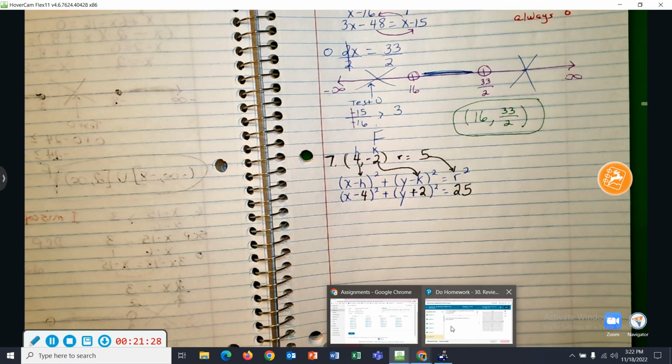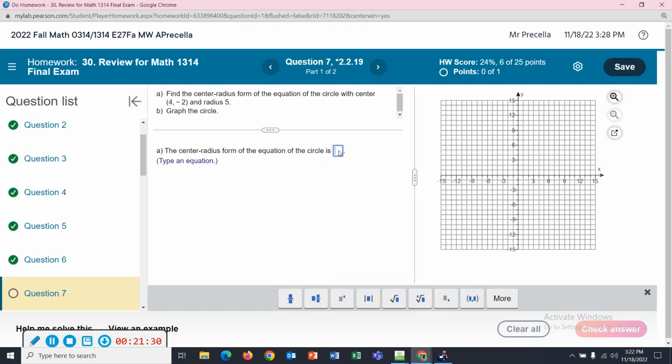Let me punch that in. X minus 4 squared, right arrow, plus y plus 2 squared, right arrow, equals 25.